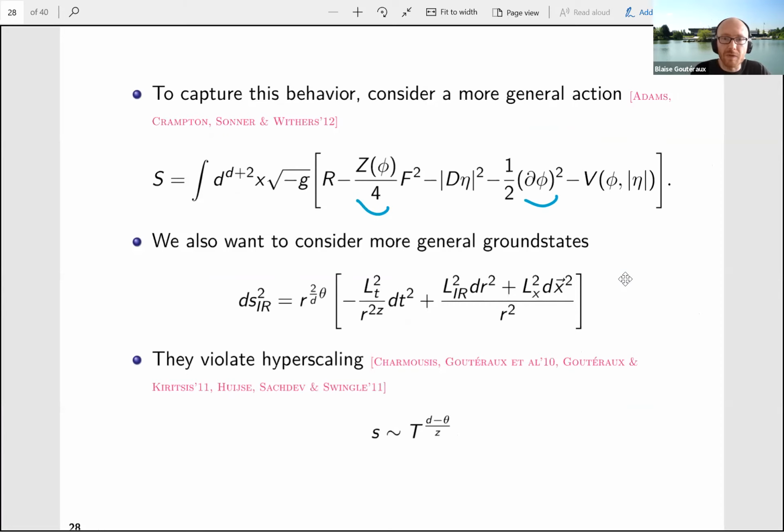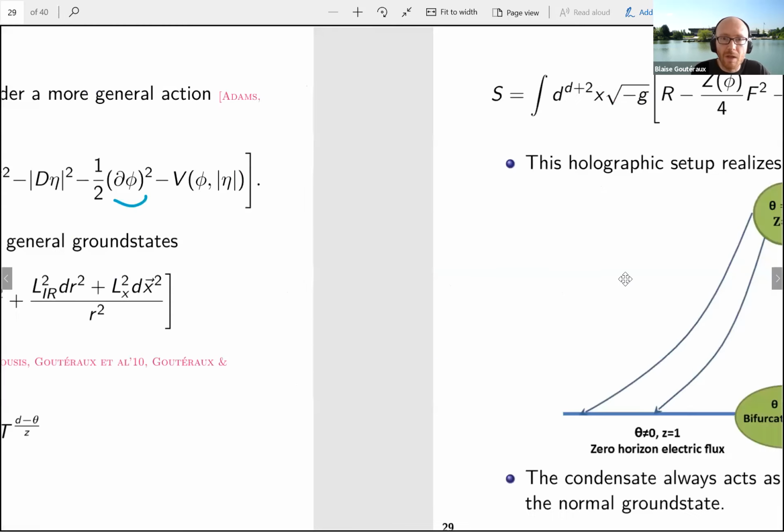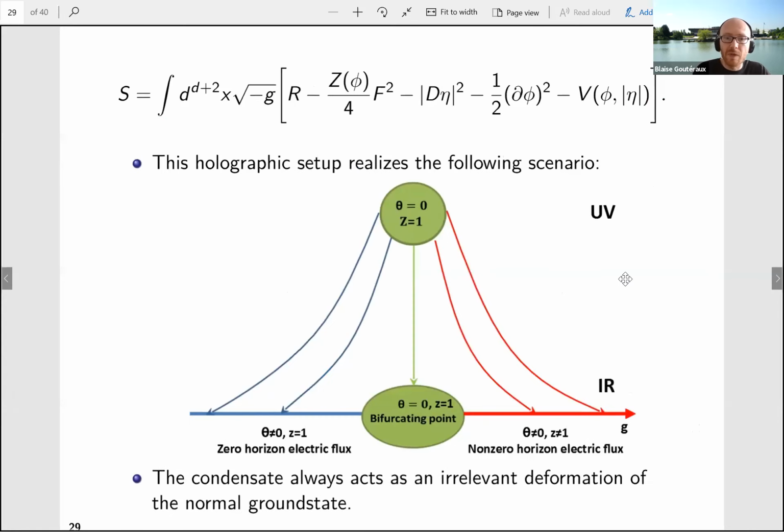And we want to consider more general ground states that have this extra hyperscaling violation factor. It doesn't matter much. Just to say that we add some bells and whistles to our holographic action. And the main thing that this allows us to do is to have the following RG flow.